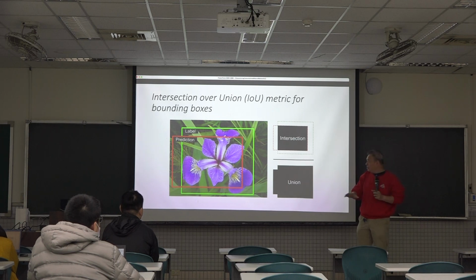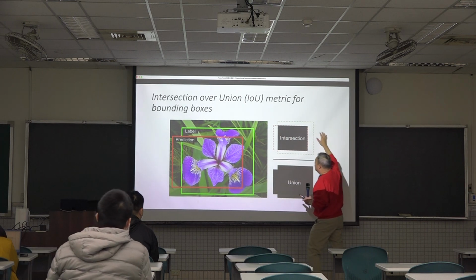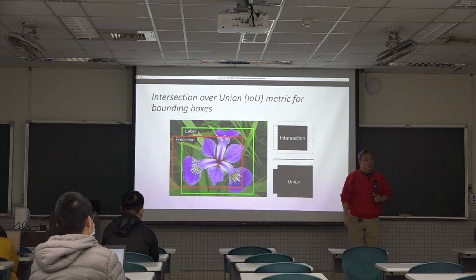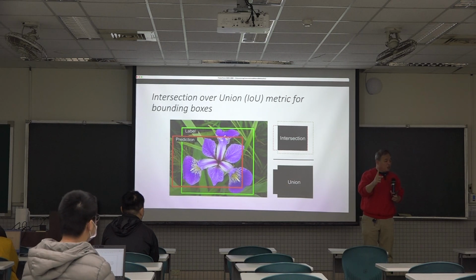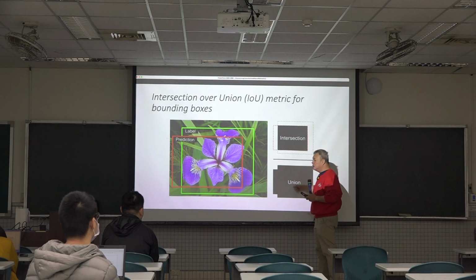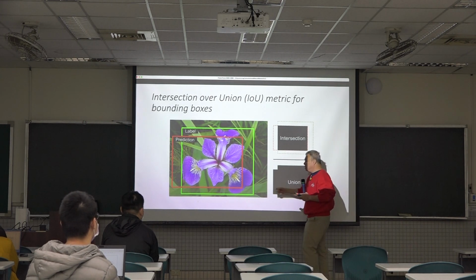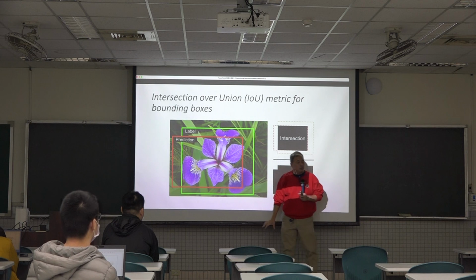As a result, the largest value this could be is 1, which happens when the union equals the intersection, when your predicted result exactly matches the ground truth.